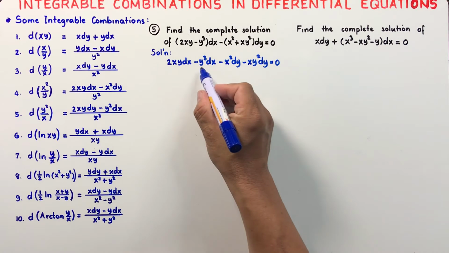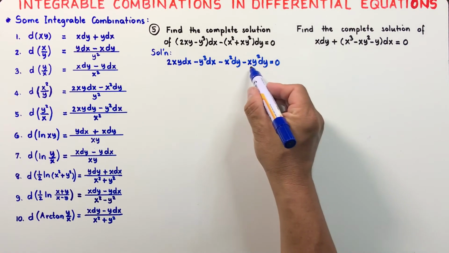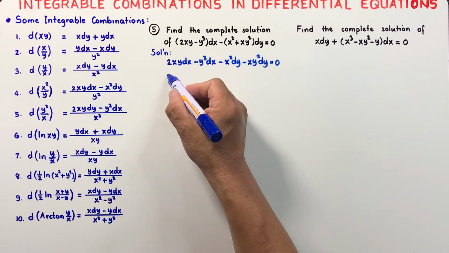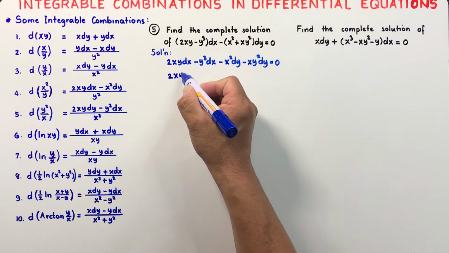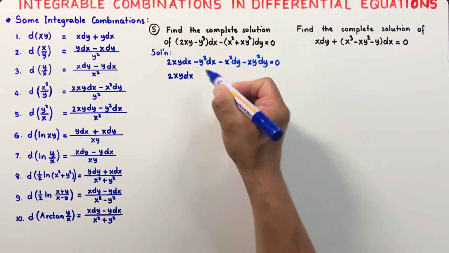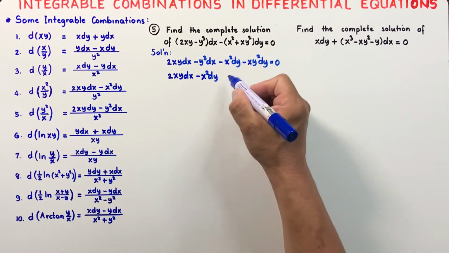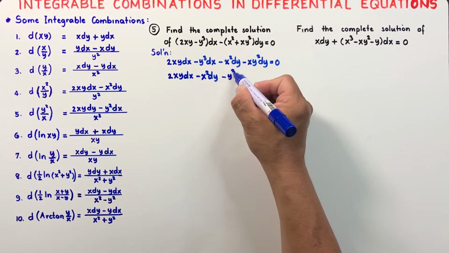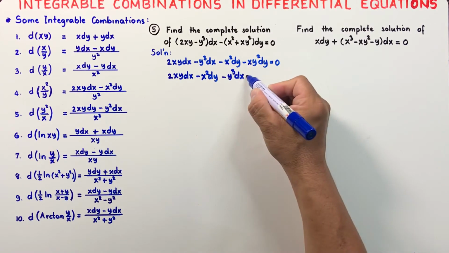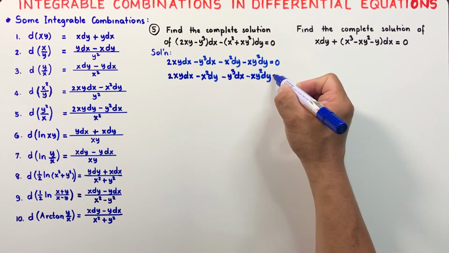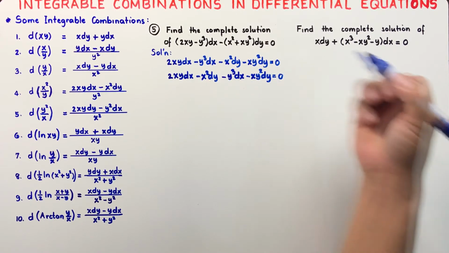So here we notice that this second term and the last term have a common factor of y squared. So we need to group them together. We have 2xy dx minus x squared dy minus y cubed dx minus x y squared dy, and also this is equated to 0.